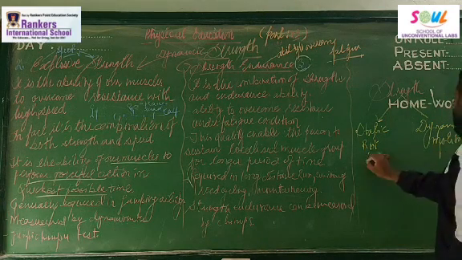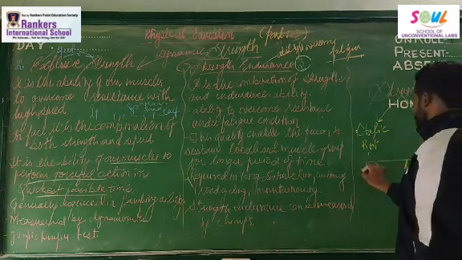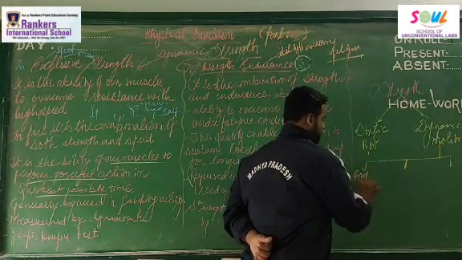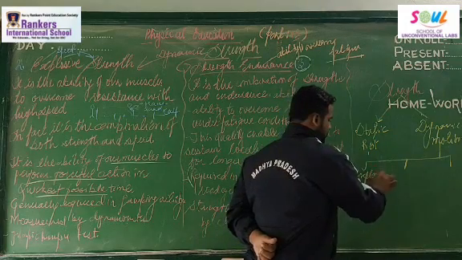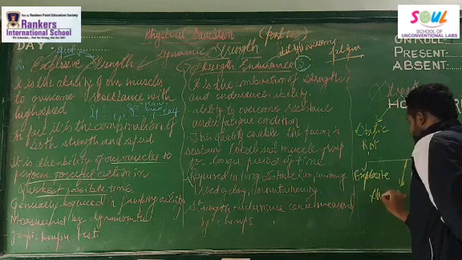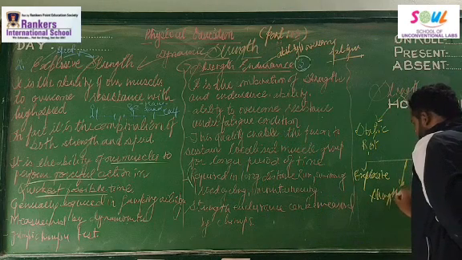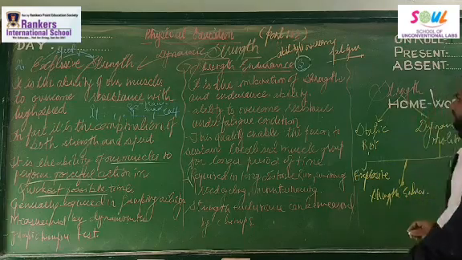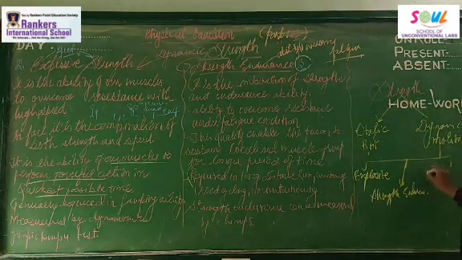Next, dynamic strength is of three types. Which one is the first? The first one is explosive strength. Second is strength endurance. And the third one is maximal strength.